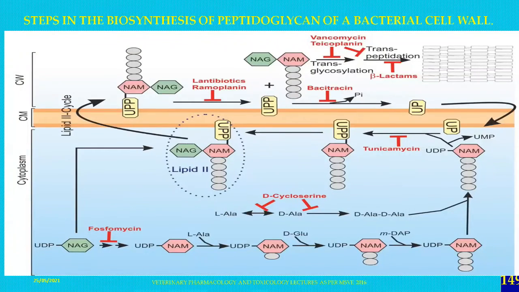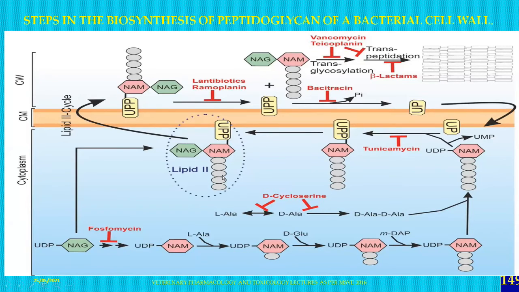Once again, as we discussed yesterday, just to remember the steps in the biosynthesis of the peptidoglycan chain, the bacterial cell wall synthesis in gram-positive bacteria. This is the cell membrane, the outer ring, and the cytoplasm contains a variety of substances.